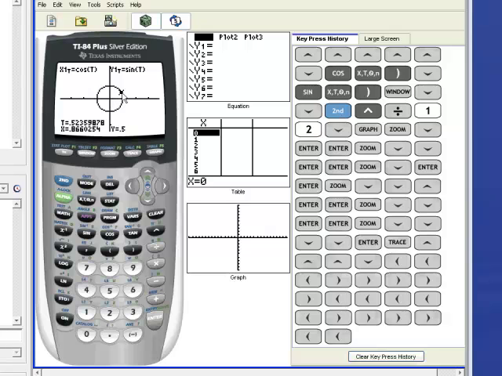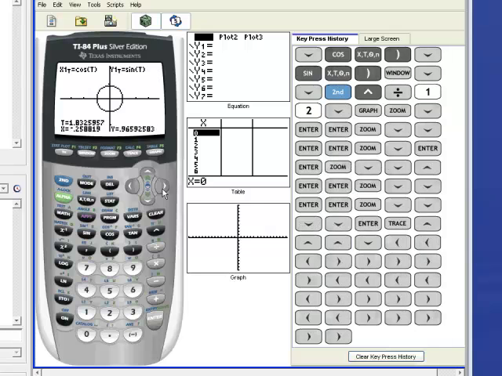We knew that this should be at 30 degrees, or pi over 6. There should be another one. Watch the y. Y equals 0.5. There it is. And t equals 2.61.